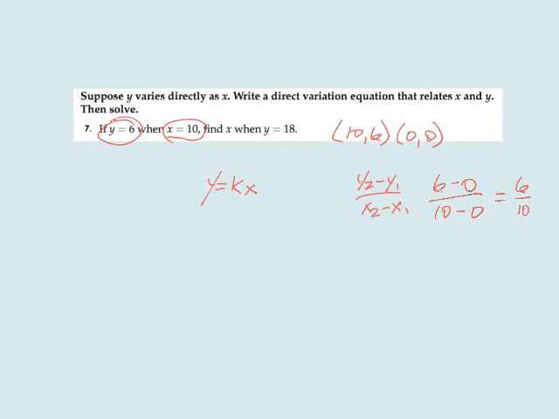That's not in simplest terms. 2 goes into both of those, so that's 3 over 5. So my constant of variation is 3/5, and y equals 3/5 times x, or just y is 3/5 x.